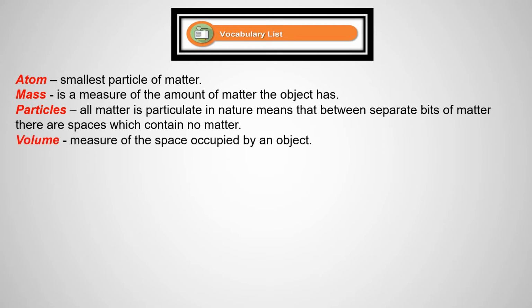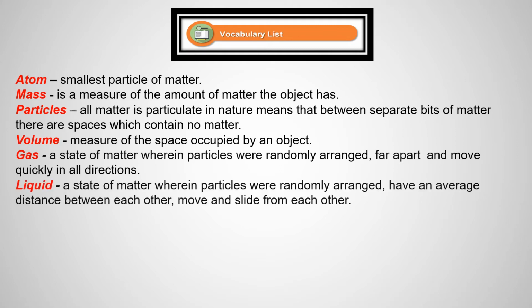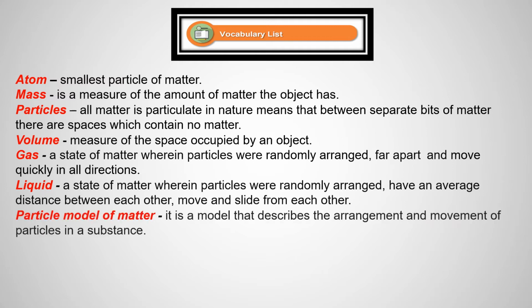Volume is the measure of the space occupied by an object. Gas is a state of matter wherein particles are randomly arranged, far apart, and move quickly in all directions. Liquid is a state of matter wherein particles are randomly arranged, have an average distance between each other, and move and slide from each other.